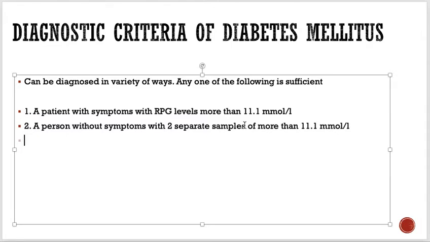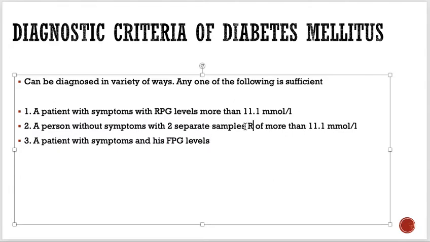Or, for example, the third criterion: a patient with symptoms and fasting plasma glucose levels. Here, I was discussing two separate samples of random plasma glucose, and this one is fasting plasma glucose of more than 7.0 millimole per liter.